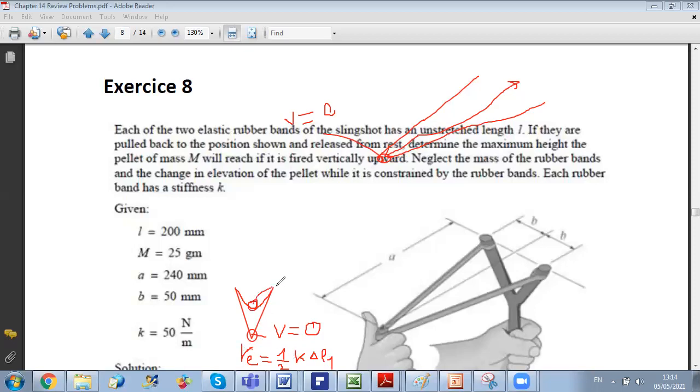To kinetic energy. So at this position V elastic becomes 0, and it was transformed into kinetic energy.